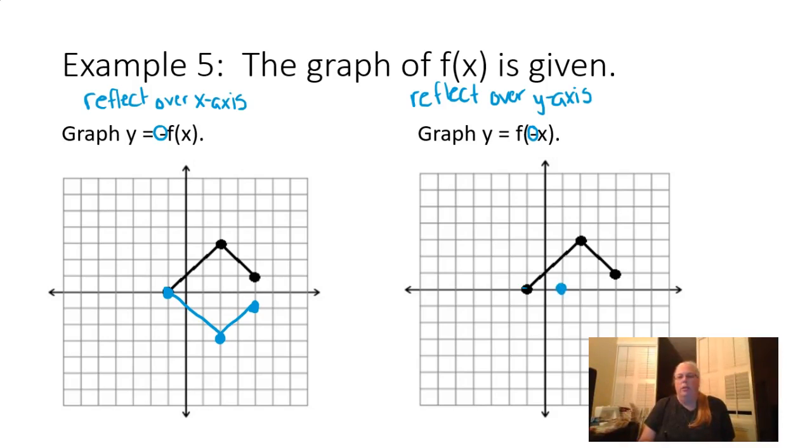This point right here is 4 units away from the y-axis, so its reflection should also be 4 units away from the y-axis. And this point is 2 boxes away from the y-axis, so its reflection should also be 2 boxes away from the y-axis. And now when we connect the dots, our reflection looks just like that.